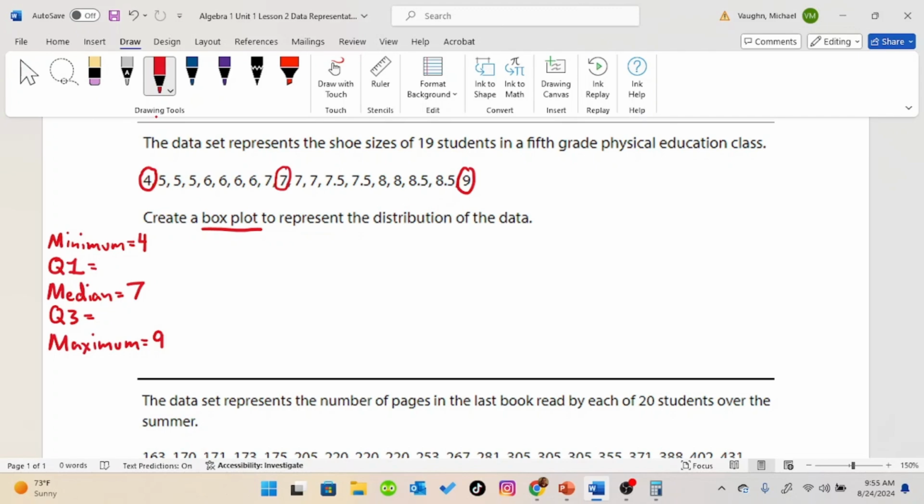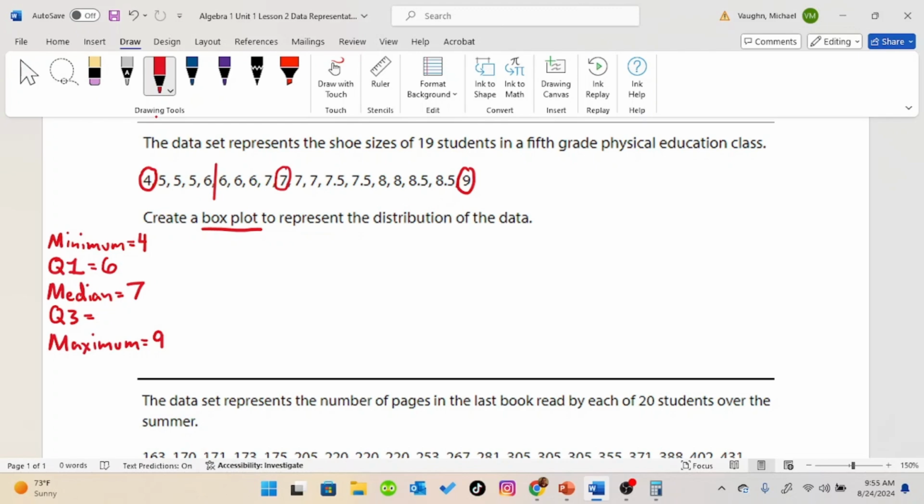So right in the middle would be between these two 6s. We can see 4 numbers to the left, 4 numbers to the right. It's in the middle, and since these are both 6, that means the Q1 is 6.